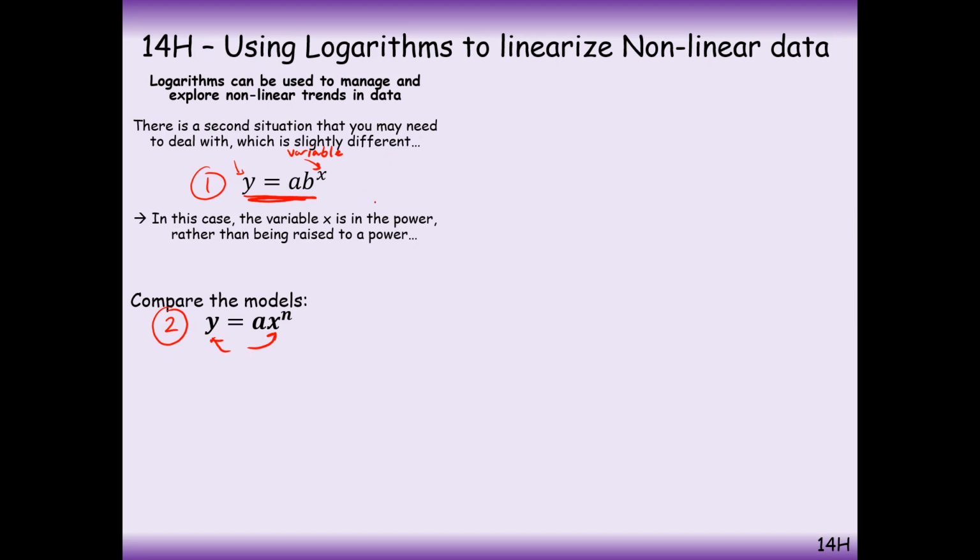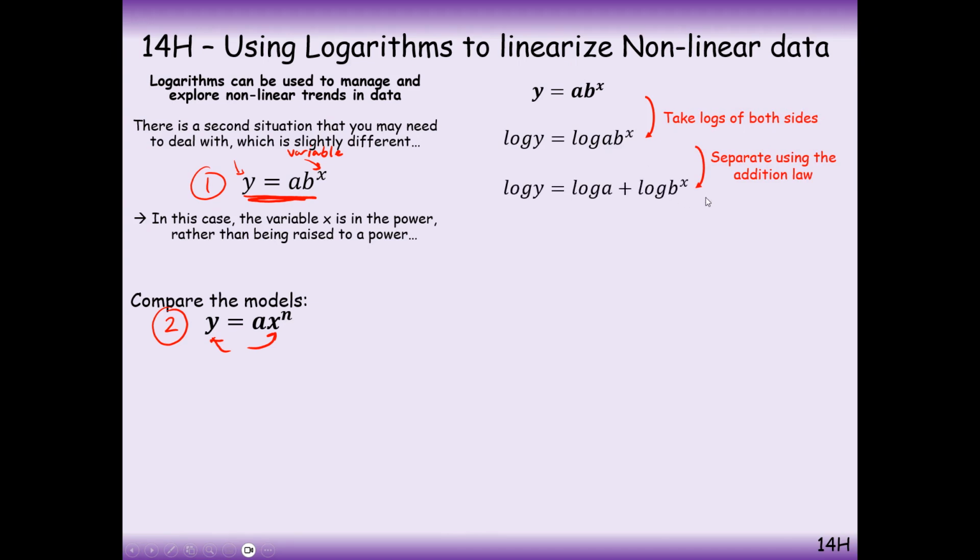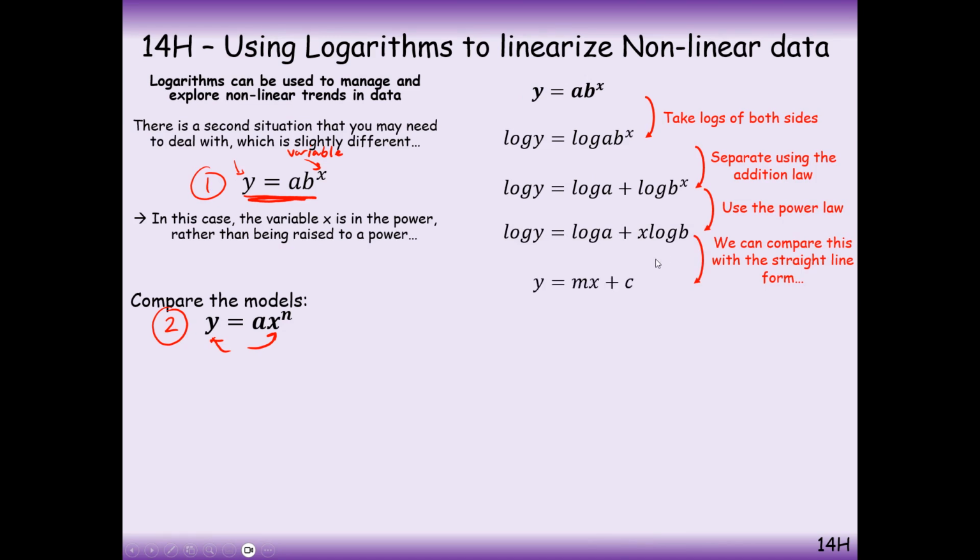So let's apply natural logarithms to both these equations. Let's start with model 1 first. When we take log of both sides, we break this up into log of a plus log of b raised to the power x. We will bring the power down on the next line, and then we can see this as y equals mx plus c, where y would be log of y.